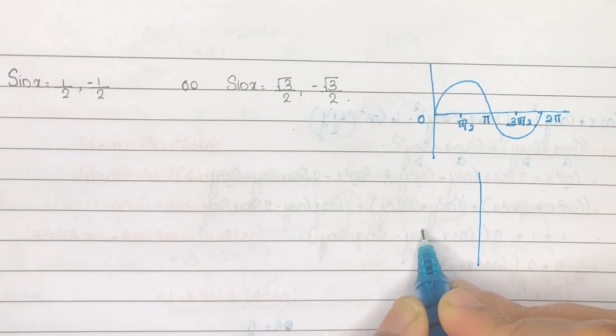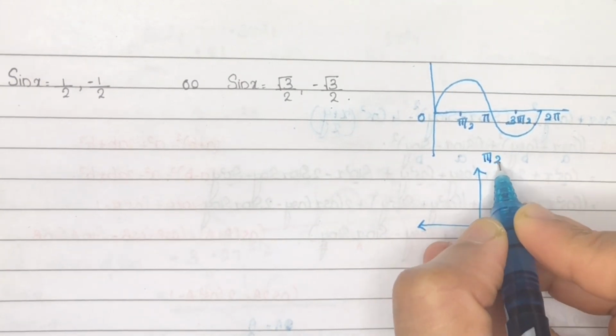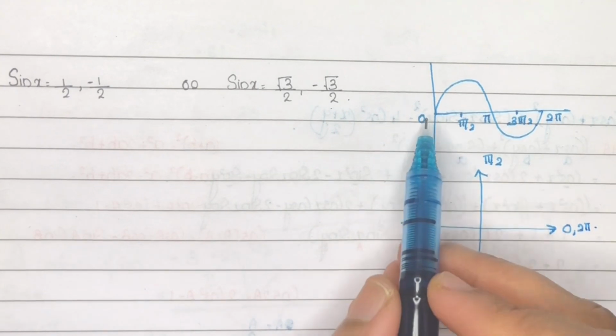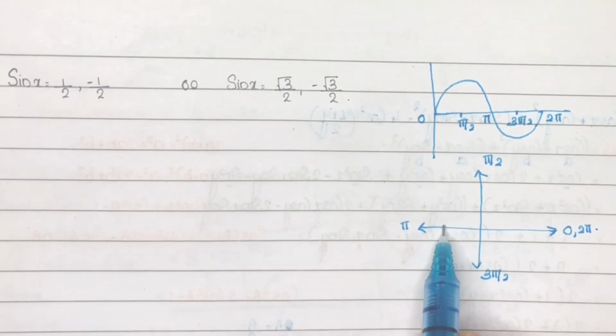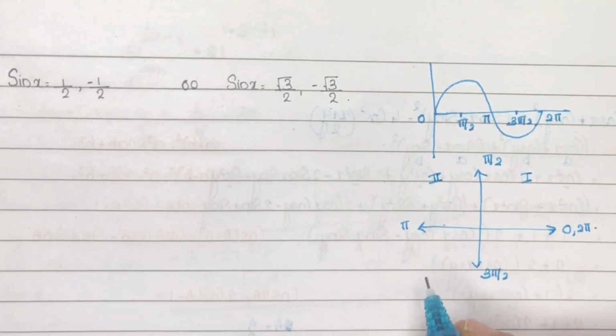0 to pi means in first and second quadrant, sine is positive.